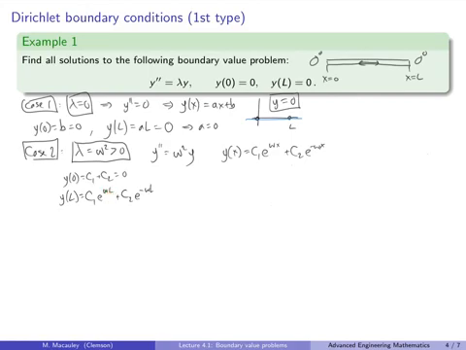That's all we care about. I should say that L is positive. Okay, so we need to solve this system. And so this first one tells us that c2 equals negative c1.